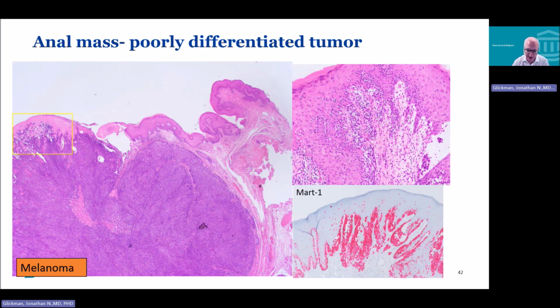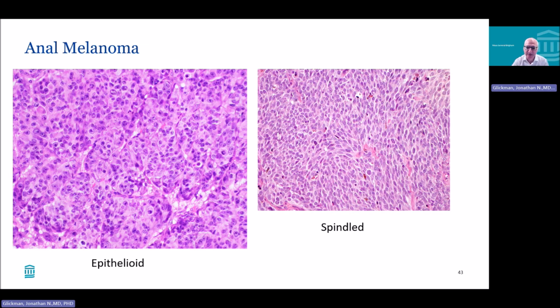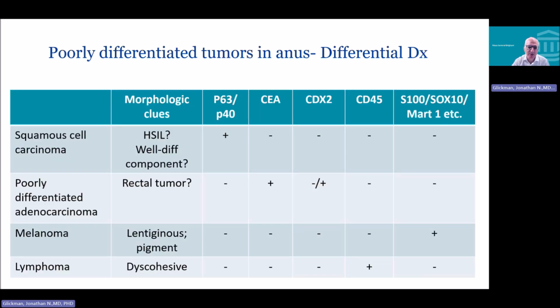So anal melanomas can arise primarily at this site. Like melanomas elsewhere, they can have varying morphologies. They can be epithelioid or spindled. The example on the right has some pigment production as well. But when one encounters a poorly differentiated tumor such as this, there often are morphologic clues. There may be a better differentiated area of the tumor.